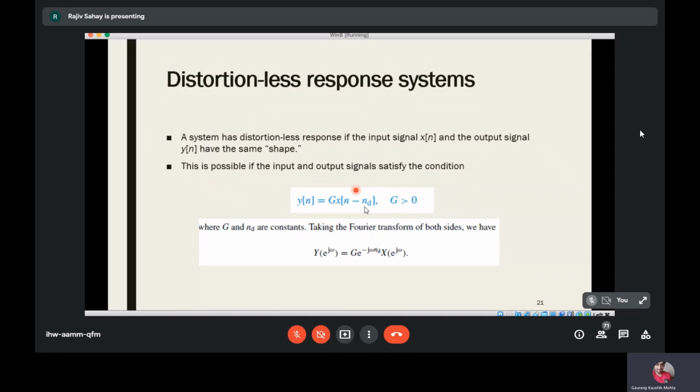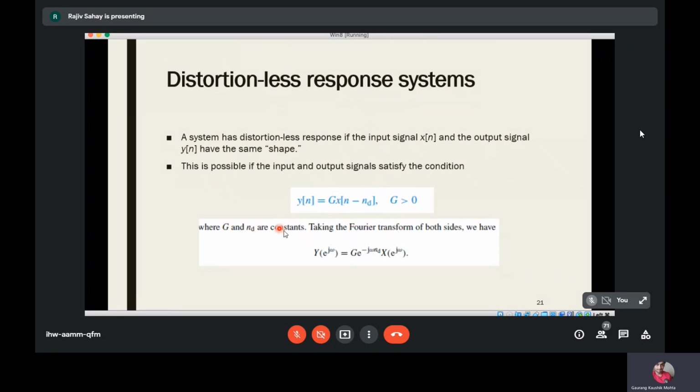To avoid that, it is written as x[n minus n_d]. The input signal is delayed and changed in amplitude, but nothing else distorts it. Only a delay and a scaling in amplitude. So this is the form.